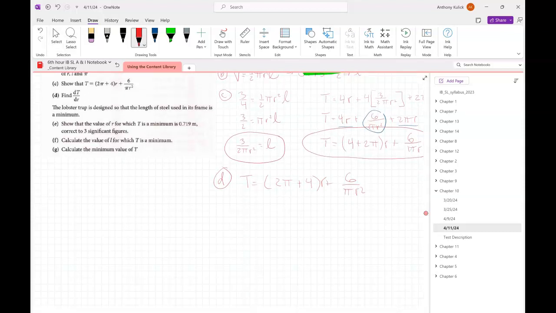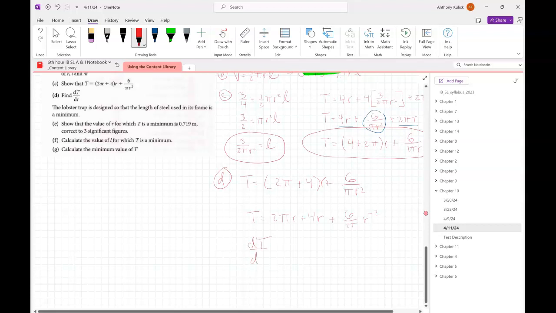Probably not. What should I do? Okay, distribute. That's fine. And then what am I going to do with that last part, the 6 over pi r squared? I got to rewrite that because I got that variable in the denominator.